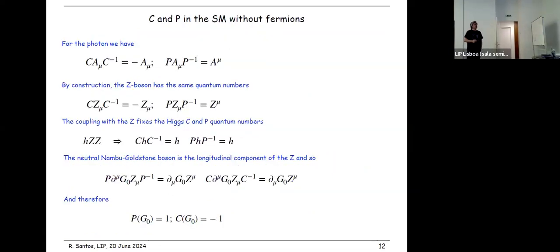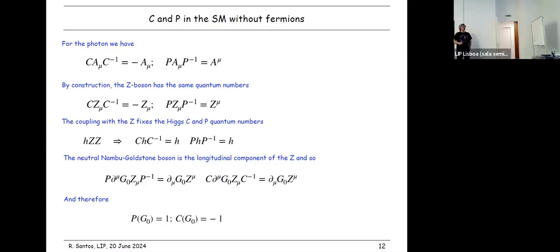So in the standard model, we know what happens. This is known for a long time. The C of the photon is -1. The P is also -1. And by construction, the Z, remember that if two things mix, they need to have the same quantum numbers. So if we know the C and P numbers of the photon, we know the C and P numbers of the Z, because they mix by construction.